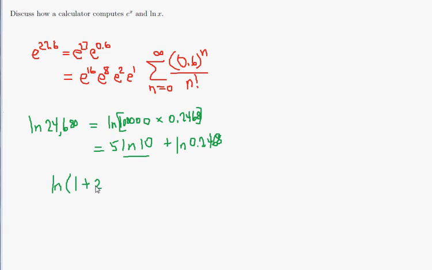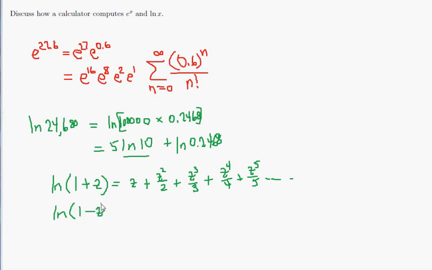The natural log of 1 plus z is equal to z plus z squared over 2 plus z to the third over 3. I'm going to go out to 5 terms, z to the fourth over 4, z to the fifth over 5, and so on. We're going to use a slightly different series to actually get fewer terms.